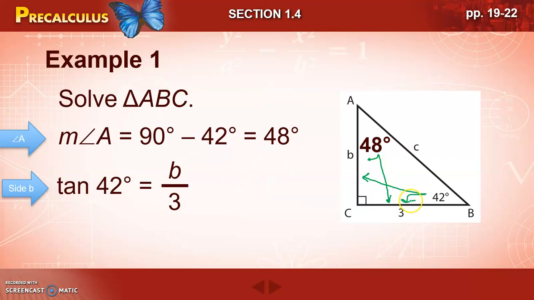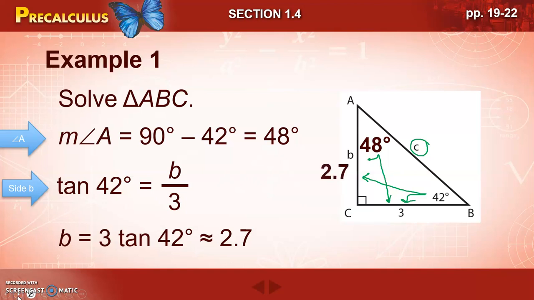Either one of those would work. We can't use sine or cosine because both of those require the hypotenuse, which we still don't know yet at this time. So using the tangent of 42 and solving for b, we get b is approximately 2.7.